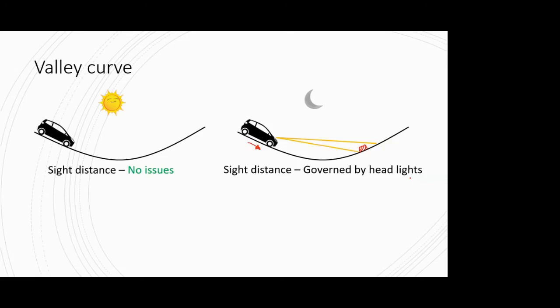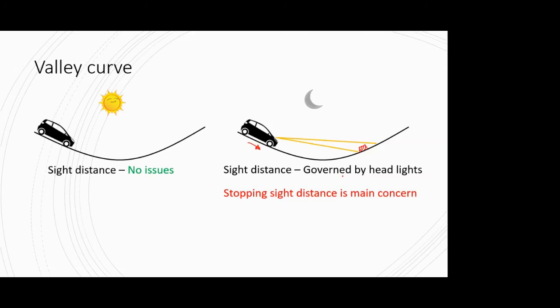So depending on the type of vehicle and all these parameters, we will see whether we are able to see the object in front of us or not. So the governing factor is the headlight.